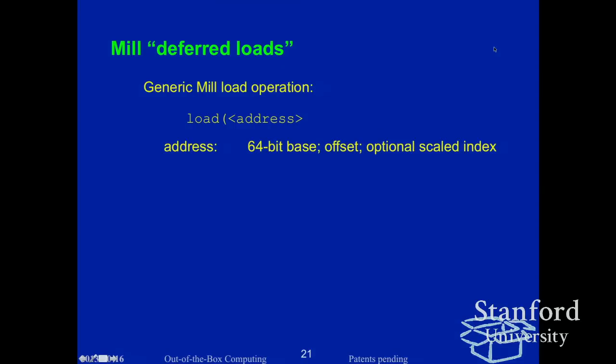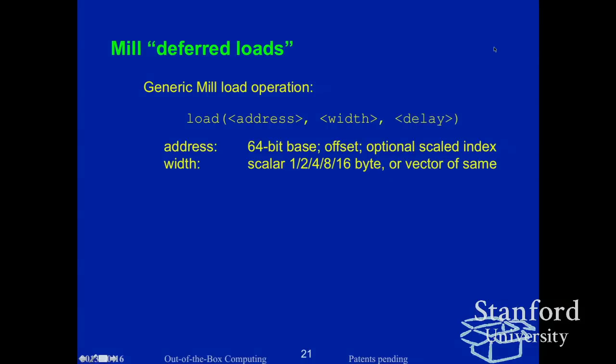So plain, so common. You also have to say how wide a thing you want. The Mill supports 1, 2, 4, 8, and 16 byte loads, or vectors of each of those. Here's where things get strange. There's another argument called the delay.